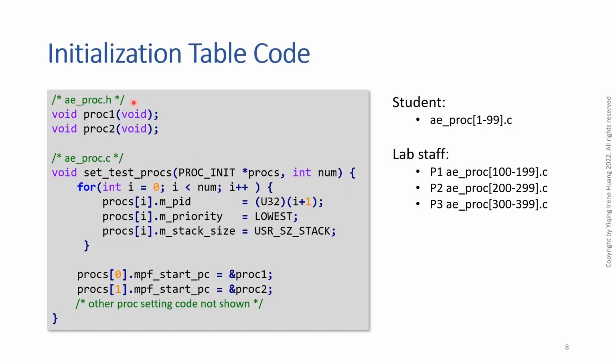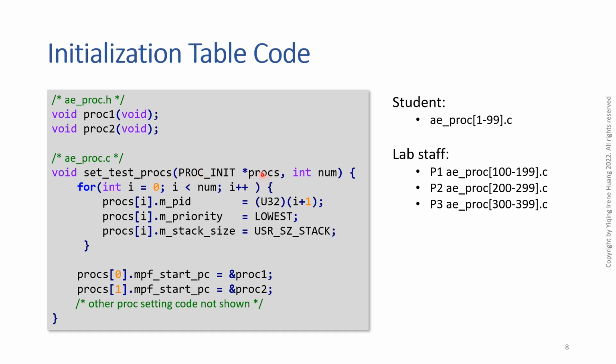In the starter code, we have the ae_proc.h file. We have declared all the function prototypes of processes, and here are the 2 test processes we implemented in the starter code. If you look at the ae_proc.c file, you will find the first function is set_test_procs.